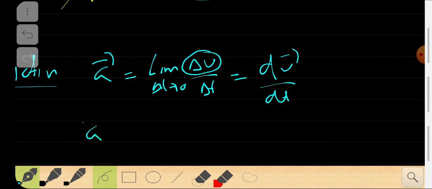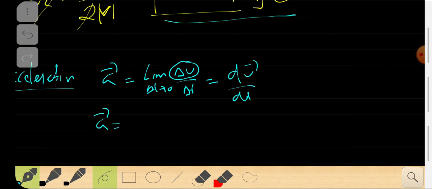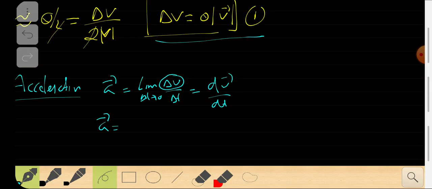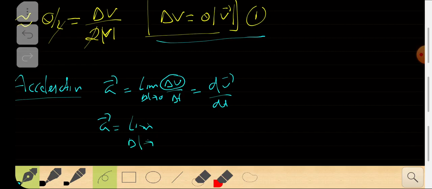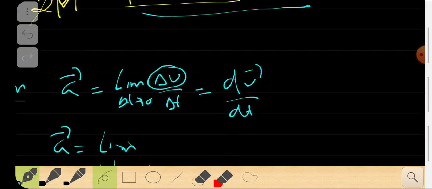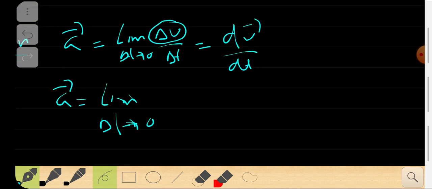So you can say acceleration is equal to the limit as delta t tends to 0 of v times delta theta by delta t, right?